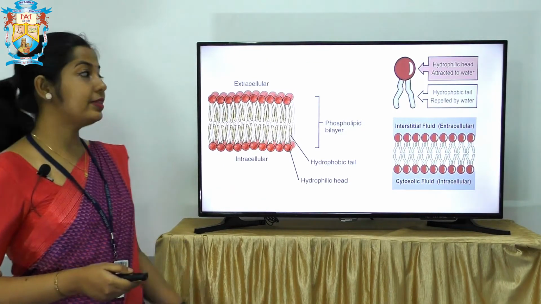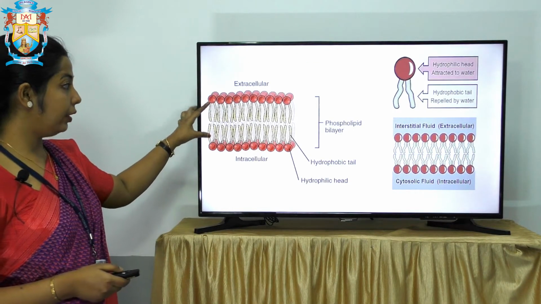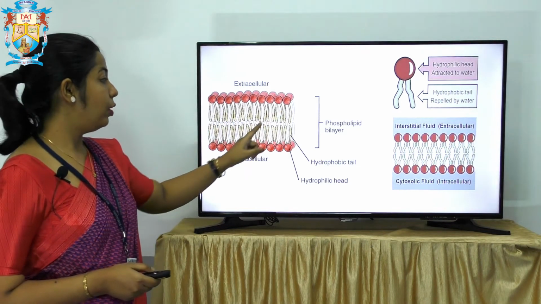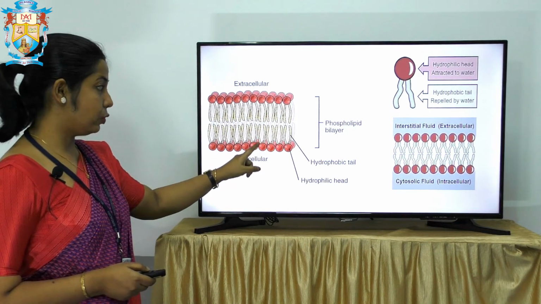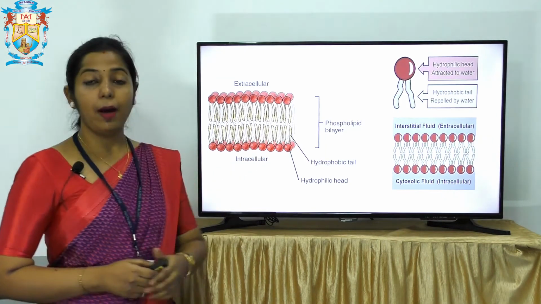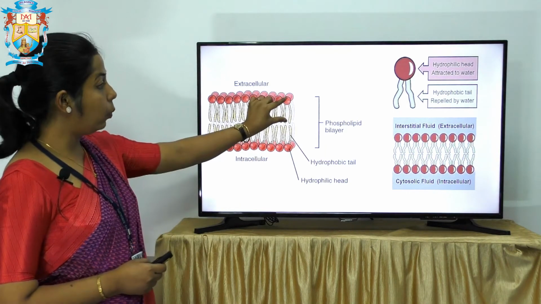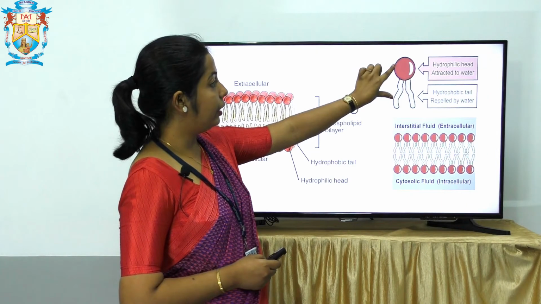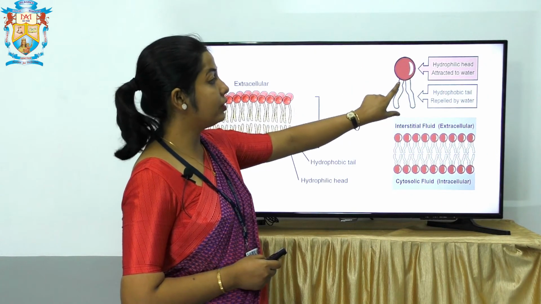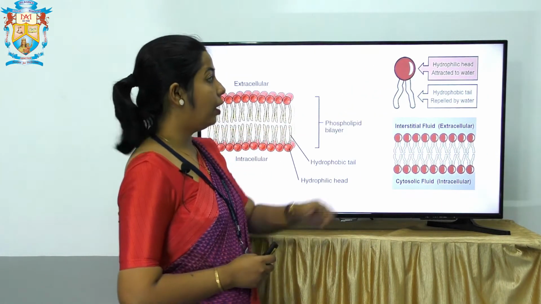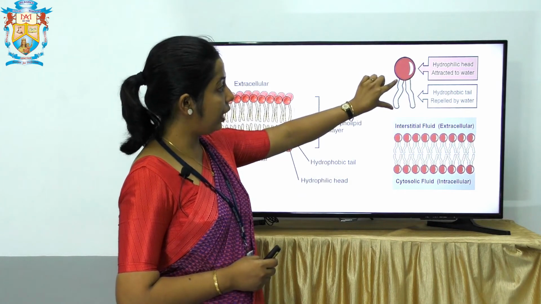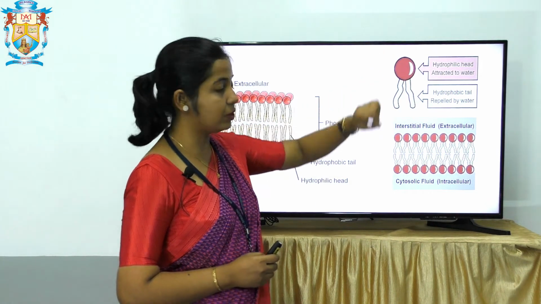Now, as you can see, it's a part of a plasma membrane. Here, two layers of phospholipid are present, so that's why it's called a phospholipid bilayer. If we take one phospholipid, it has two regions, a hydrophobic tail and a hydrophilic head.